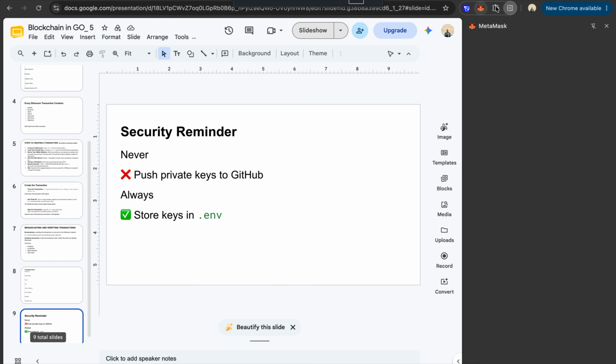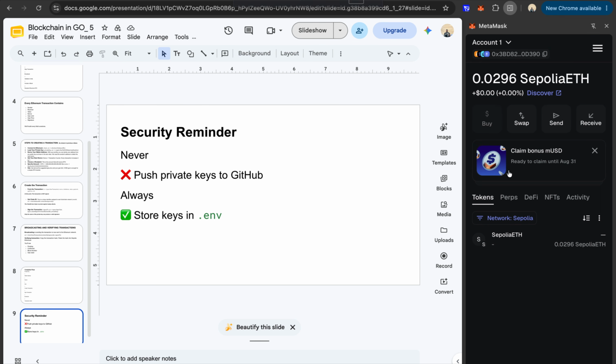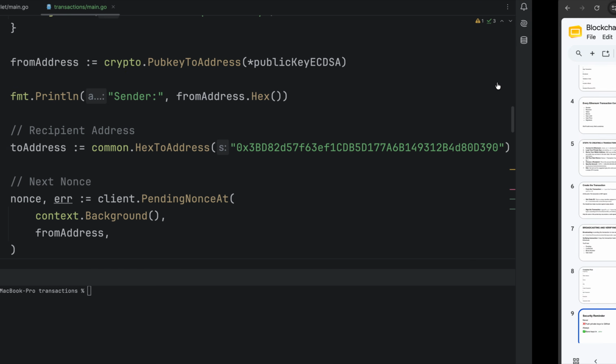So I can just go here. All right, I have 0.0296 Sepolia right now. We're going to look at it in real time when we are sending it. So this should be +0.01, and I should end up with about 0.04, right?